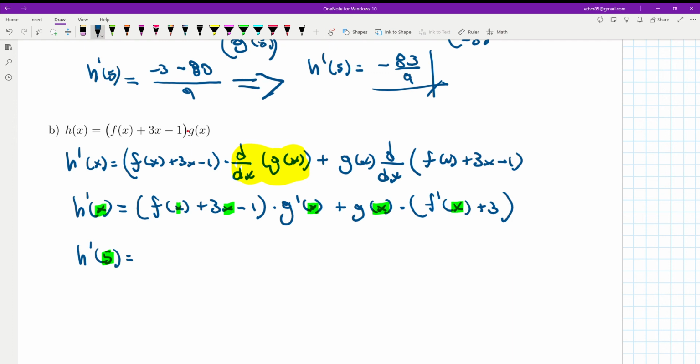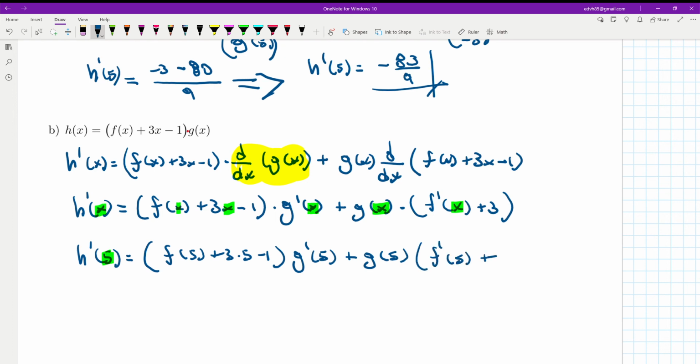That's going to be f evaluated at 5 plus 3 times 5 minus 1, times g prime of 5, plus g of 5 times f prime of 5 plus 3.